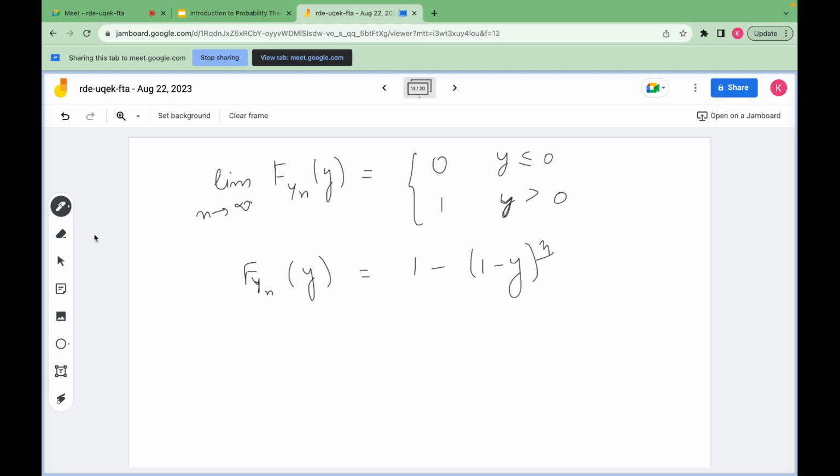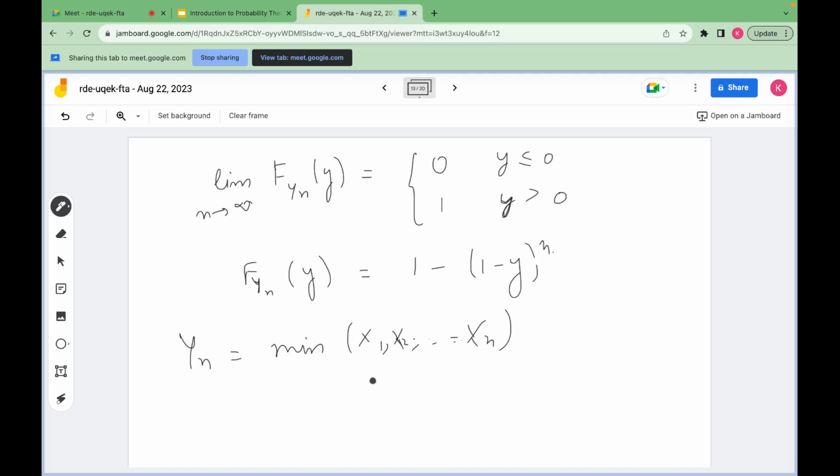So first I need to define this range of y. So this yn is the minimum of this sequence, right? x1, x2, the minimum of any of these values will be the minimum, that is the value of yn.